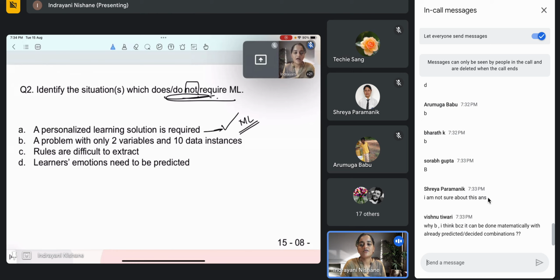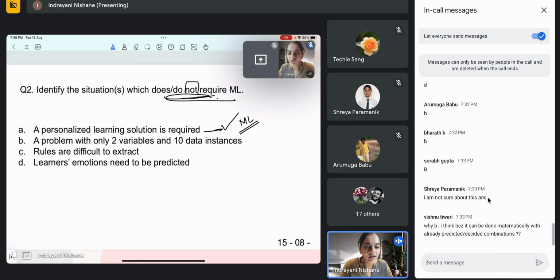And as we have had enough discussion in the last couple of weeks, predicting learners' emotion is really a very complicated problem, which may involve more than one modality of data, like multimodal, multi-channel data. So in that case, to predict the learner's emotion, we will have to make use of advanced machine learning algorithms like CNN and all such things to predict their emotions.